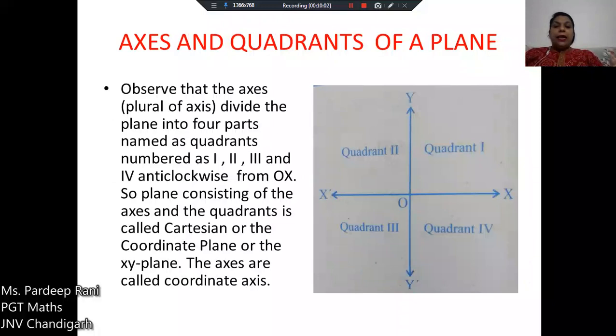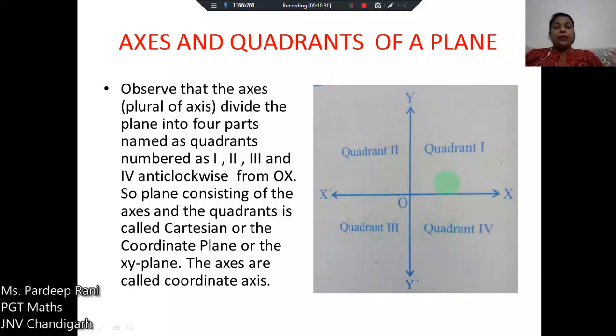Now, axes and quadrants of a plane. Observe that the axes, which is the plural of axis, divide the plane into four parts named quadrant 1, which you can see here, then quadrant 2, another one quadrant 3, and the last one quadrant 4.